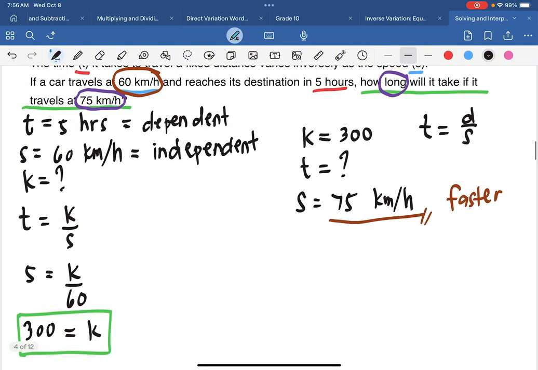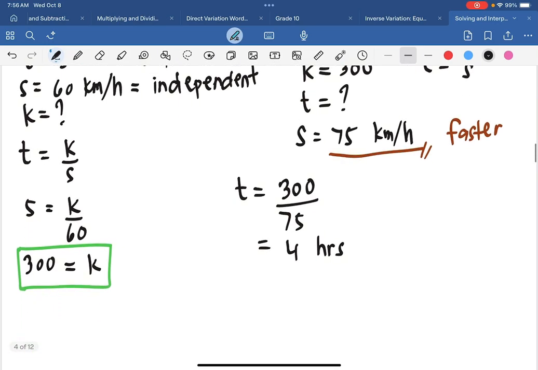So we have t, which is missing, then 300 divided by 75. And 300 divided by 75 is 4 hours.